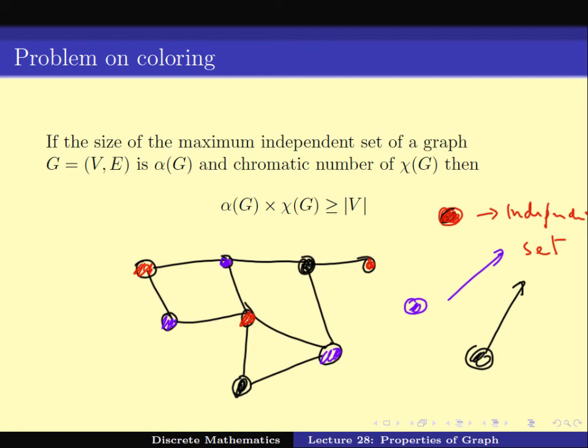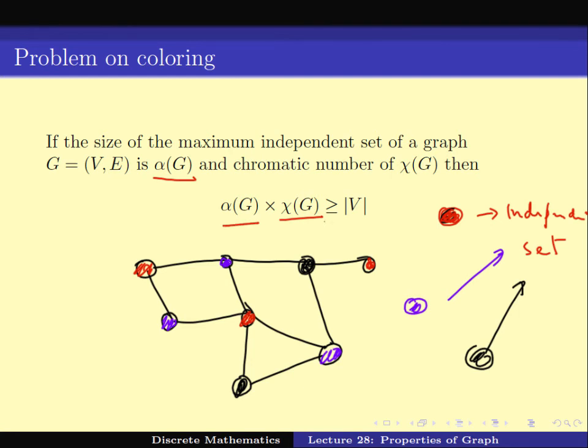And by definition, alpha g is the size of the maximum independent set, so the number of vertices colored red is at most alpha g. The number of vertices colored blue is also at most alpha g. The number of vertices colored black is also at most alpha g. So the number of vertices is at most the number of colors times alpha g.